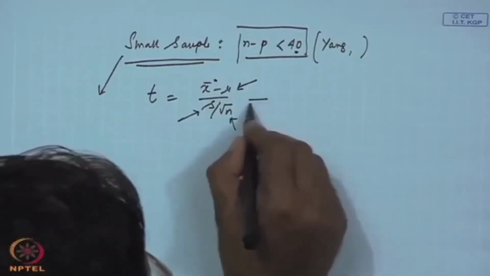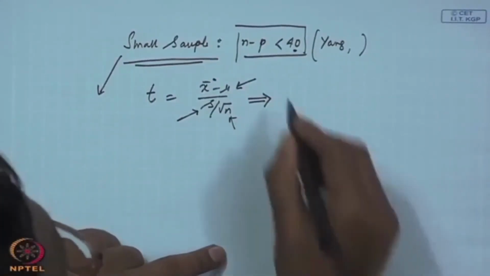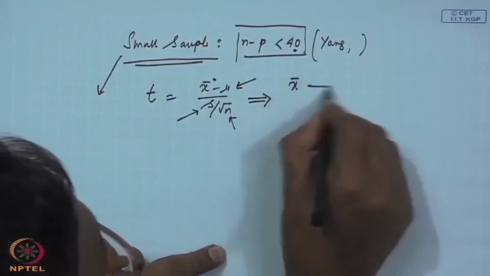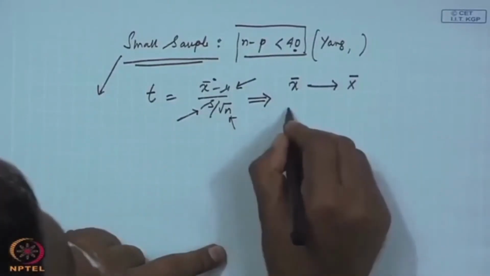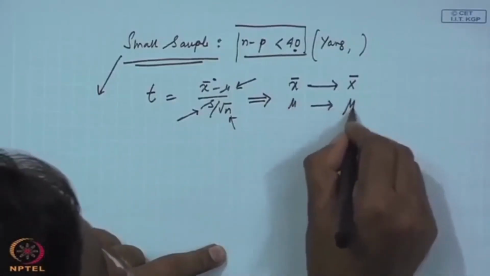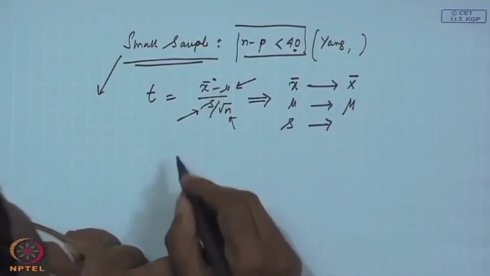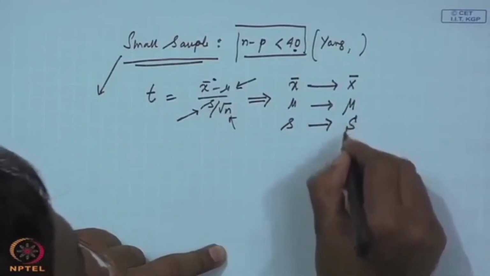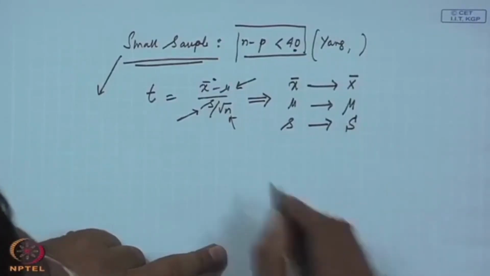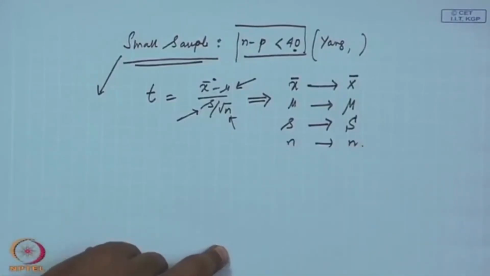Now, I want to see what will be its multivariate counterpart. X bar will no longer be a scalar quantity, it will be a vector. Mu also will be a vector quantity, and S will be replaced by the sample covariance matrix S, and n will remain n.